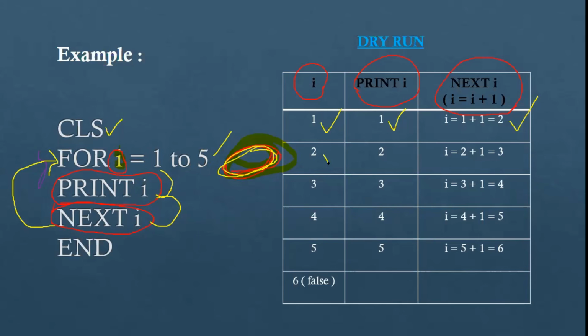This is true. So again this program will repeat itself. The same process will happen again. Now it says print I. So the value of I this time is incremented to 2. This prints.